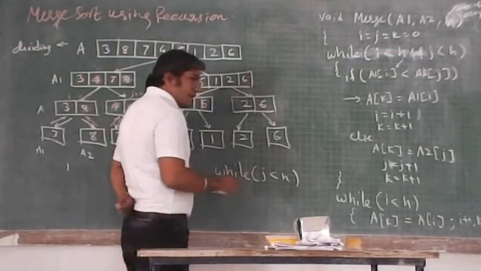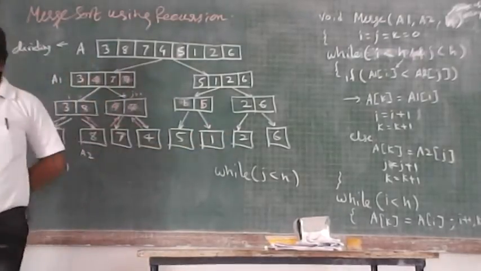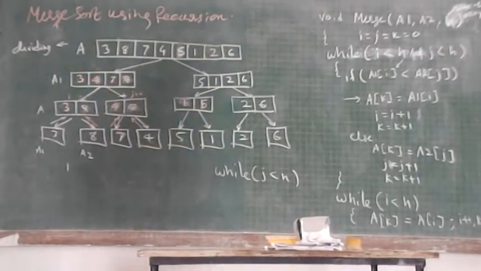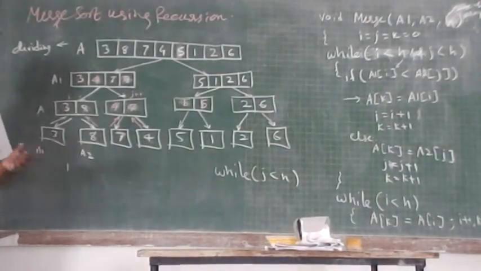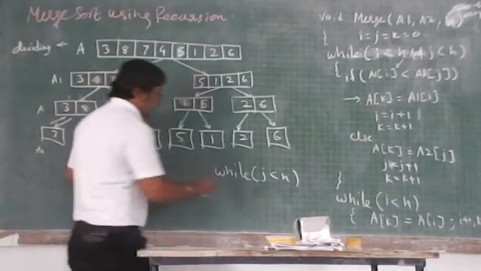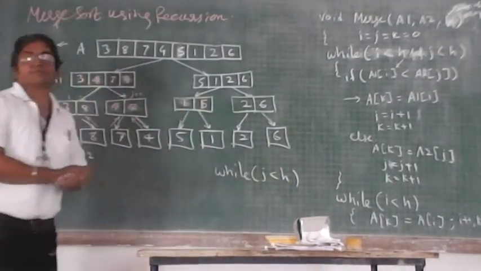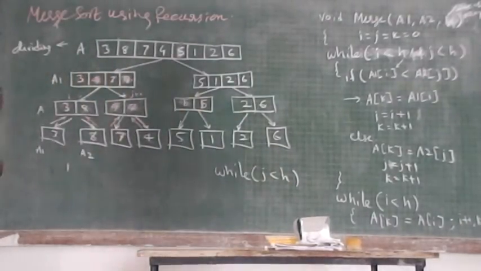If j is less than n, see I and j values give the knowledge of what I और j क्या कहते हैं? What is the meaning of indexes of I and j? If I is less than h, what is meant by this?